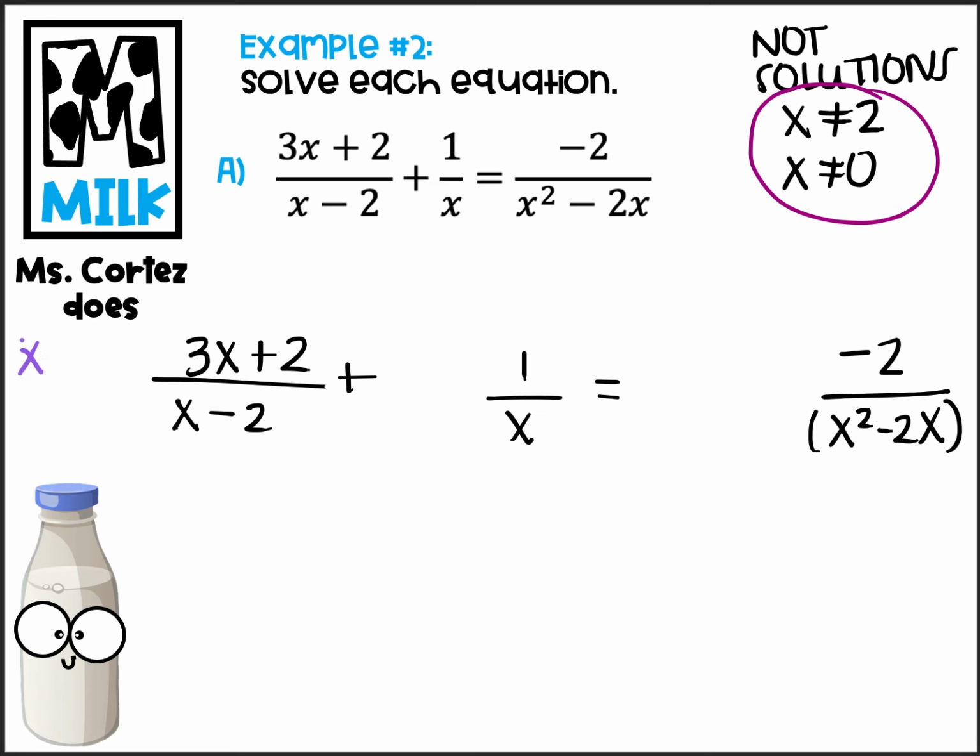I'll have x times (x - 2). That's my least common denominator. I got it from here: when I factored this one, I got x times (x - 2).